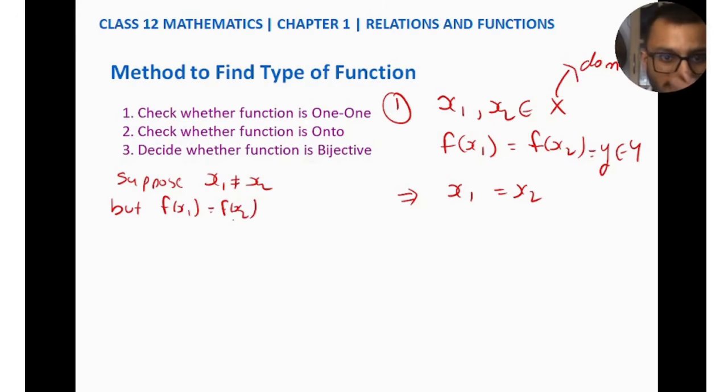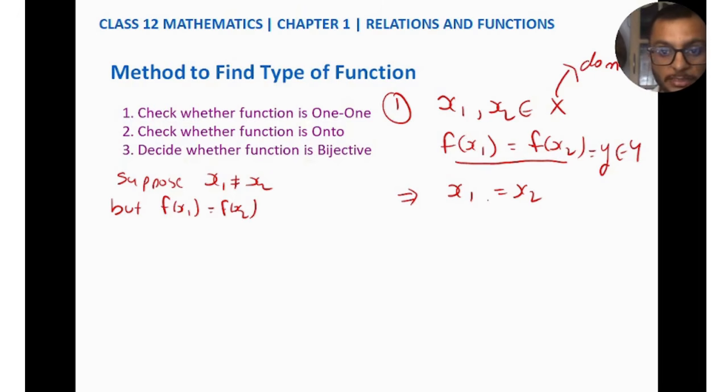So this will contradict that our function is one-one. So for a function to be one-one, we should always have, for all elements with this property that f of x1 is equal to f of x2, that x1 equals x2. Then only we can say that the function is one-one.